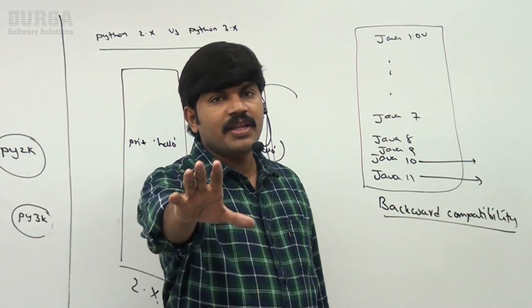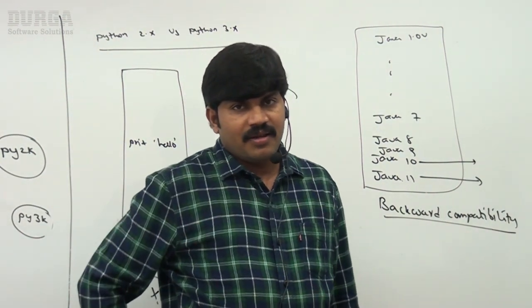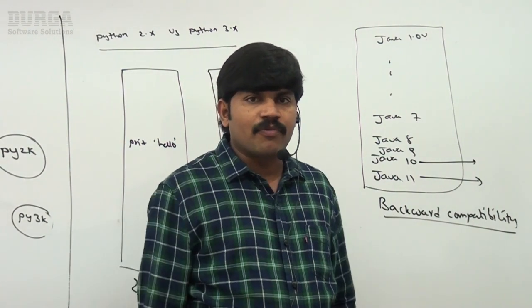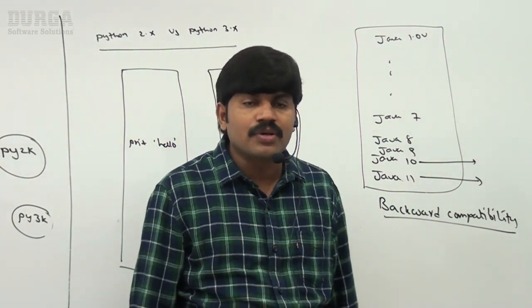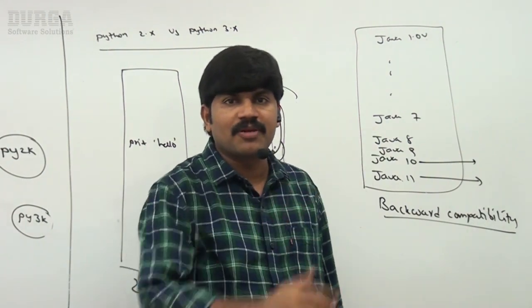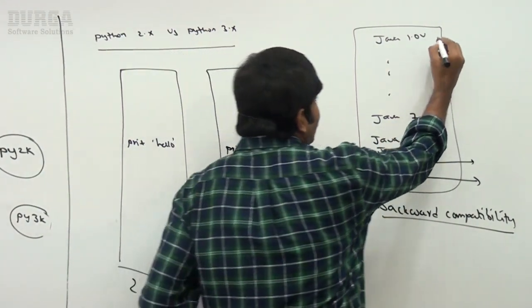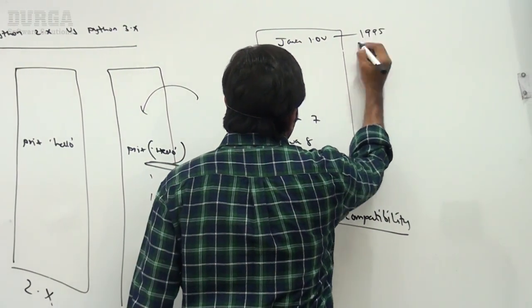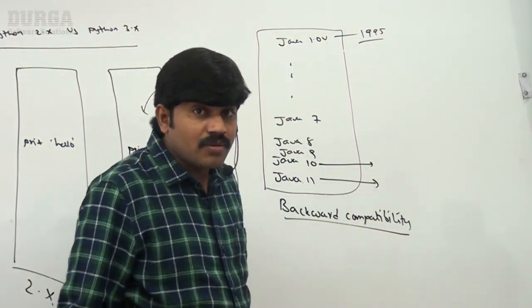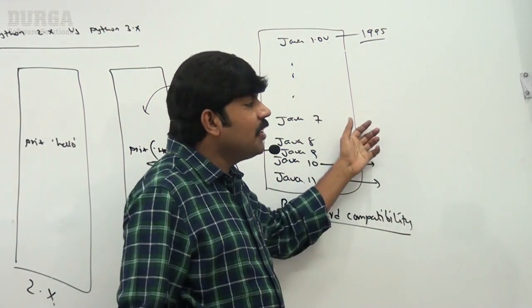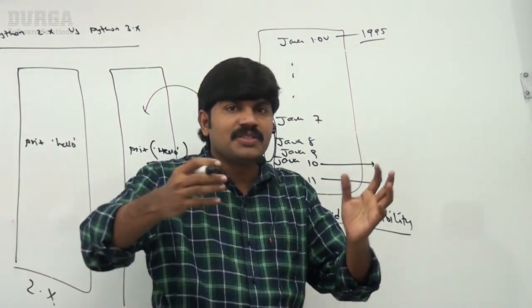Remember this: if any Java person asks, "Durga, Java is going down, so to make Java powerful, what do we have to do?" If Oracle people approach me, my suggestion is always: sir, Java came in 1995, almost 24-25 years ago. You keep on adding this feature, that feature, this modification, that modification.